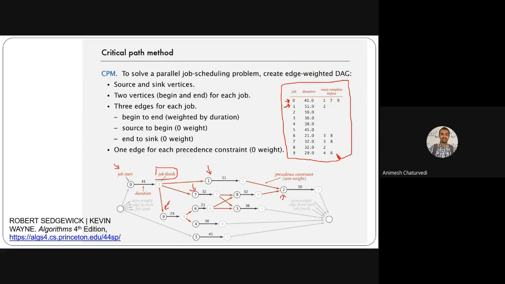Similarly, you just have to think like this and keep on plotting this type of graph. Similarly for job 6: once job 6 is finished, only then can jobs 3 and 8 start. So this is how you have to plot this type of graph.